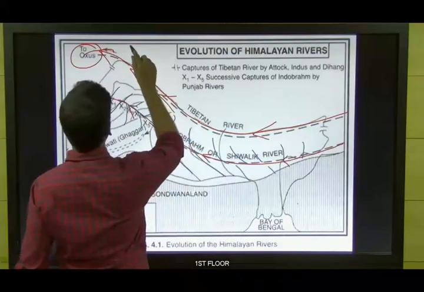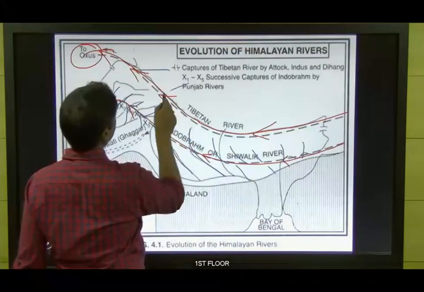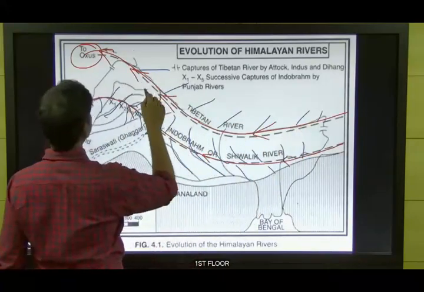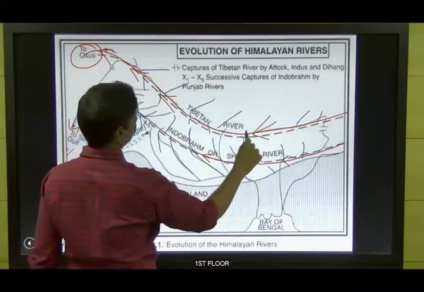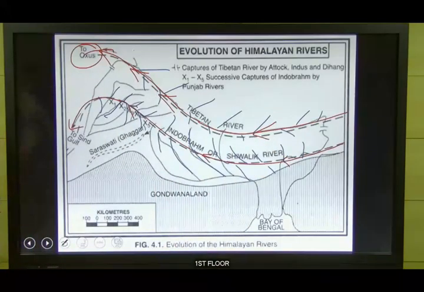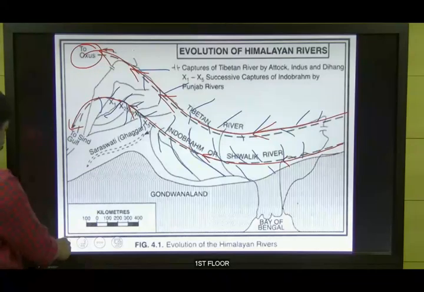These are the tributaries. For this also there will be tributaries. So some tributaries were draining into the parent rivers.